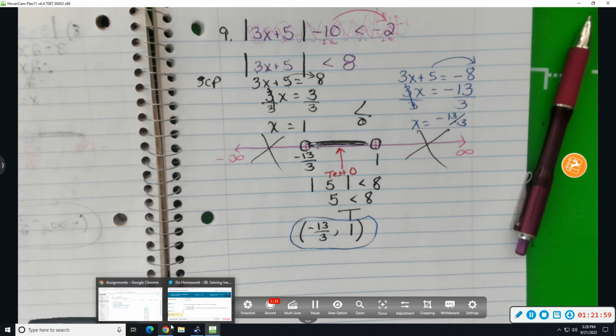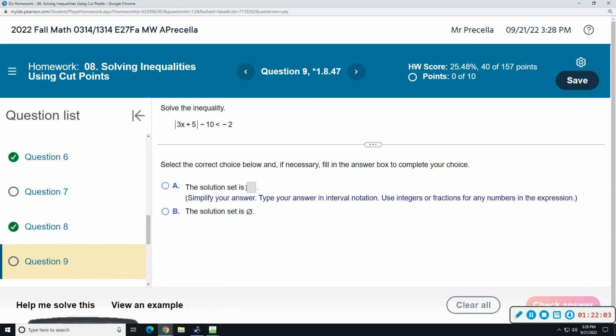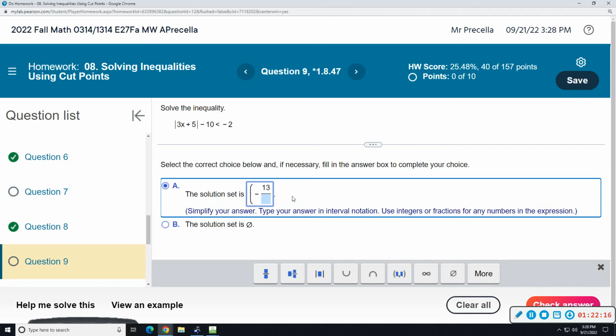Here, we're using it to represent numbers on a number line. They always give you that solution, that option about no solution. I'll give you a hint. If you choose that one, you're messing up somewhere, okay? There's going to be a solution for all of these. Negative 13 over 3, right arrow, comma 1, close parentheses.